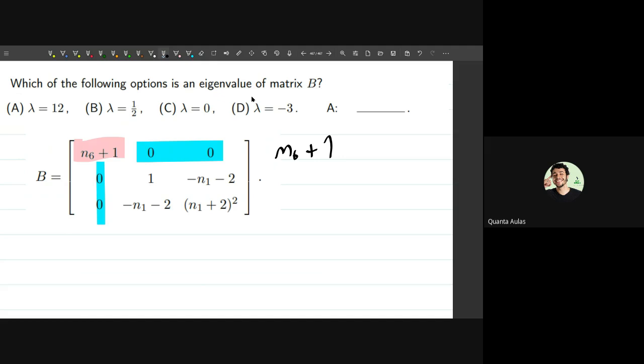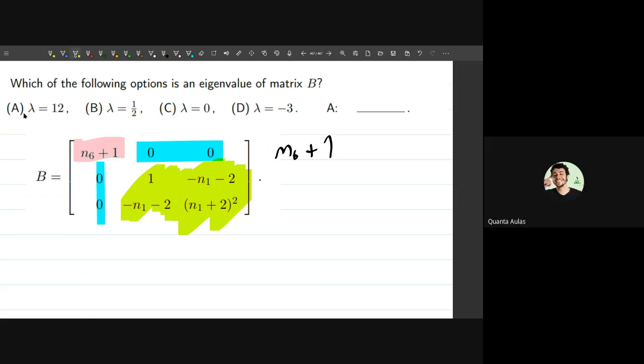And we have other eigenvalues. For example, the other eigenvalues are the eigenvalues of this submatrix here. What we need to do to get the eigenvalues is very easy. We need to do the determinant.